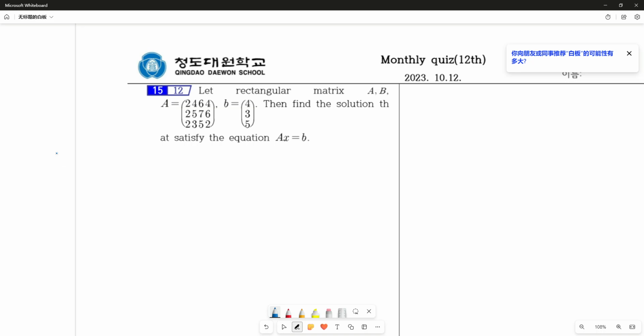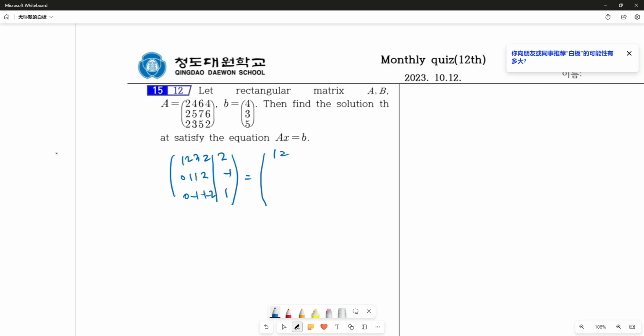So using the same procedure, reduce to echelon form: 1, 2, 3, 2 and 2, 1, 0, 0, 1, 0, 1, 1, 2 and negative 1, 0, negative 1 and negative 1, negative 2 and 1.